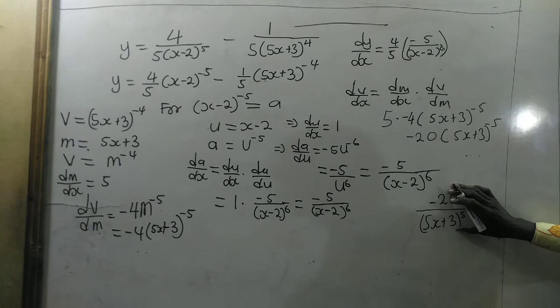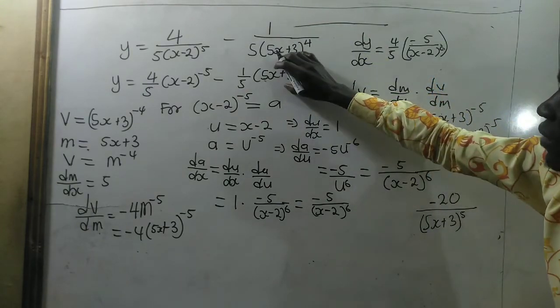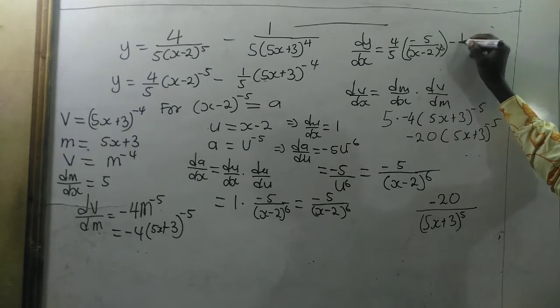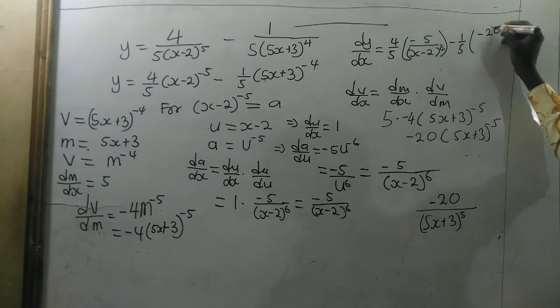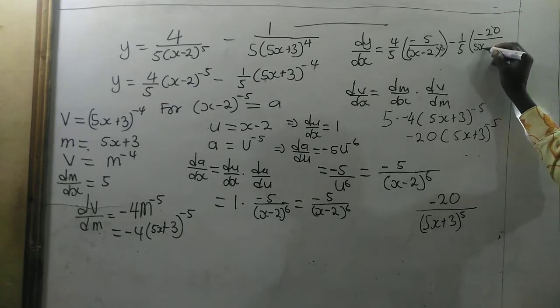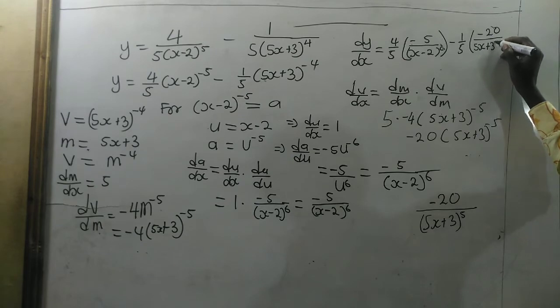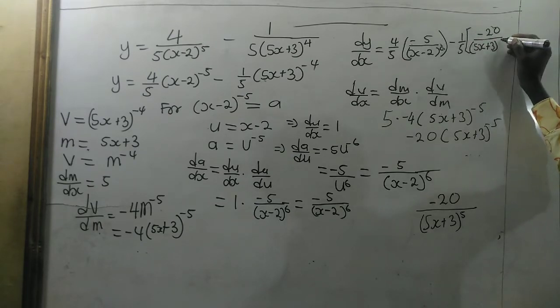So we're going to put this back here rather. So here we have minus 1 out of 5 there already, and we are going to put negative 20 divided by 5x plus 3, let me use this bigger bracket, to the power 5.